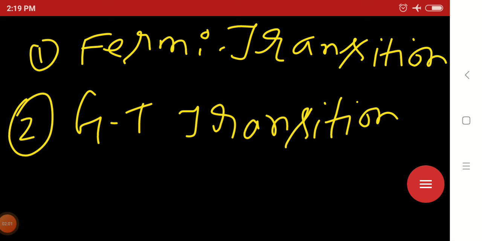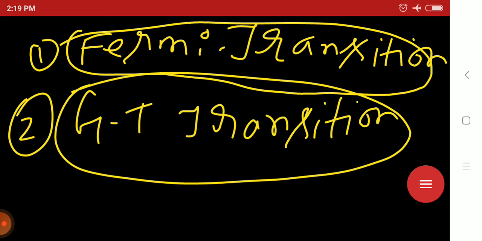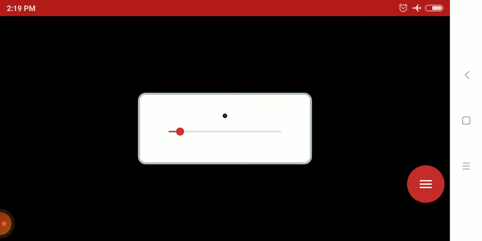We are now going to see whether the Fermi transition and the GT transition are allowed or not allowed, and how to check their properties.